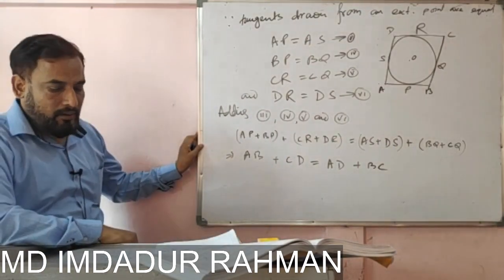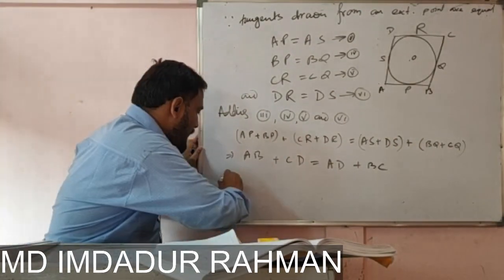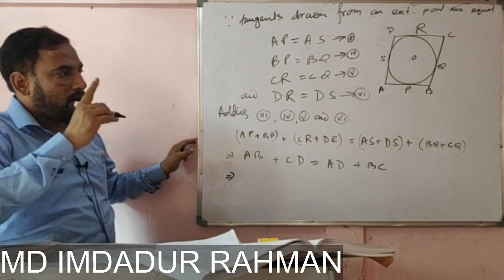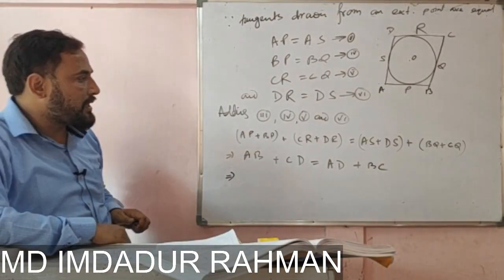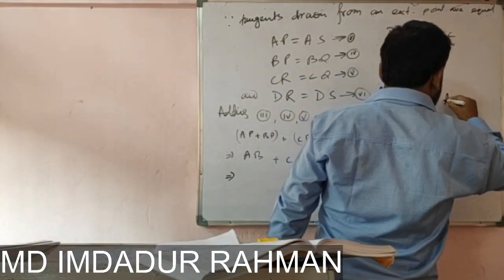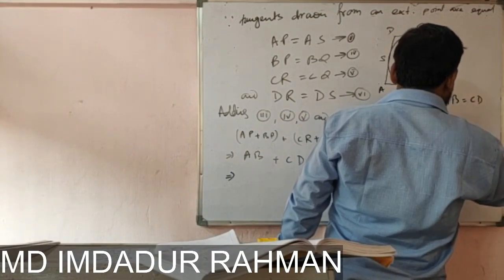Now, earlier we got in equation number 1, AB is equal to CD, and what?